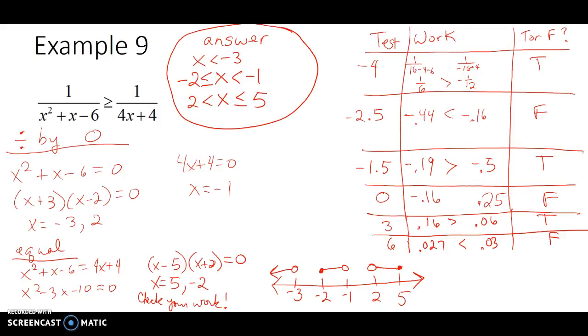If you have a graphing calculator, you can input this as one function, the other side is another function, and then use the table function of your graphing calculator to find these values. It definitely makes the work a lot easier. Otherwise, you're just going to have to plug and chug, be patient, take your time, and check your work.